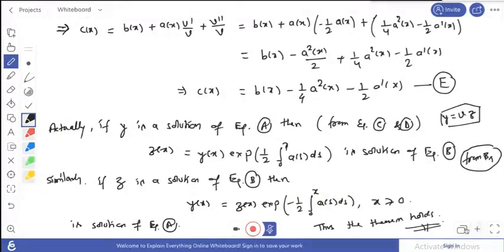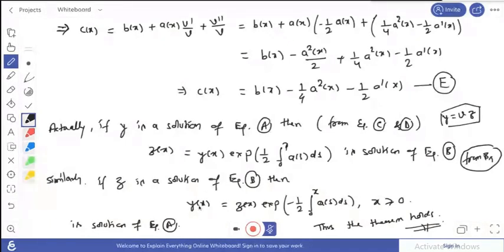Okay, so you can look at this and write that we know that equation A is oscillatory if and only if equation B is oscillatory. Because if this is a solution of this, then this will also be a solution of that, and if that is a solution of this, then this is a solution of that.